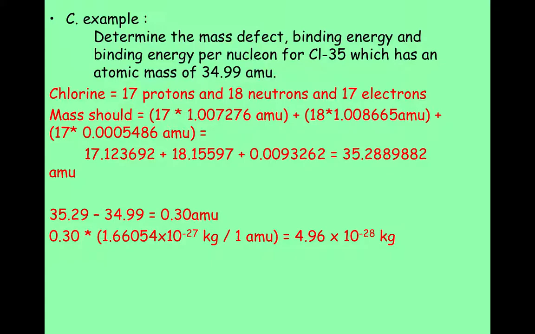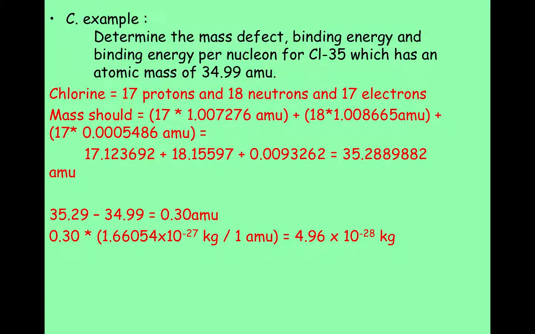So if I take a number like 0.30 AMU, I'm going to multiply by 1.66054 times 10 to the negative 27th kilograms over 1 AMU, and the AMUs would cancel out there, and I'm going to be left, if I do that math, with a number in kilograms.